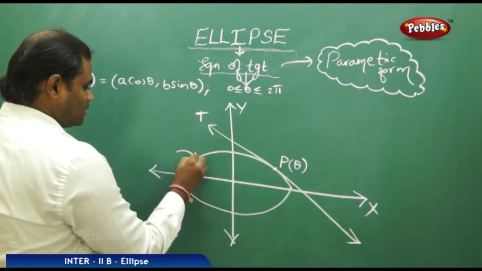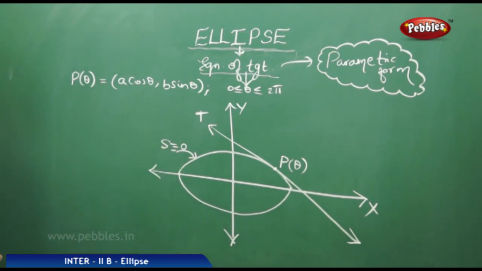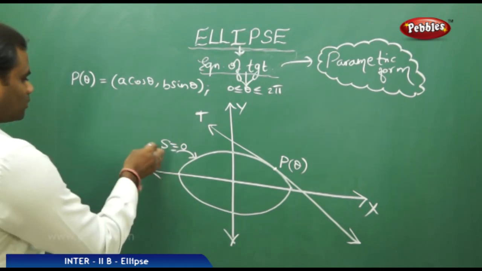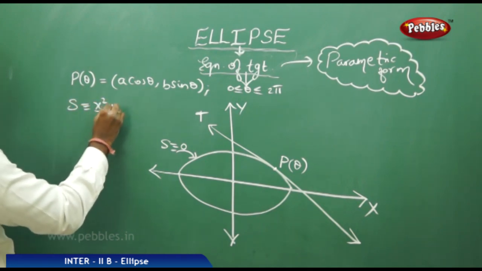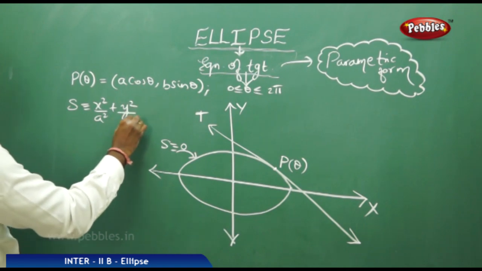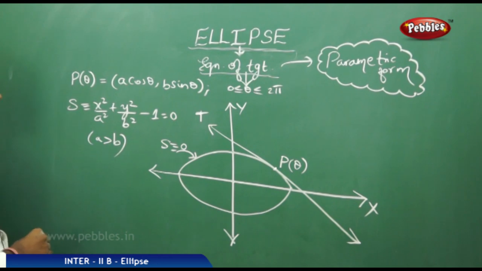And let me say the equation of the ellipse is S equal to 0. Then we know the standard form of S is x squared by a squared plus y squared by b squared minus 1 equal to 0. Of course, here a is greater than b.